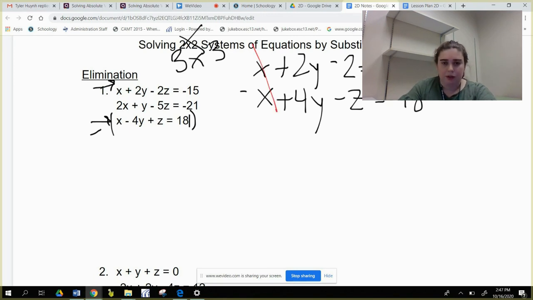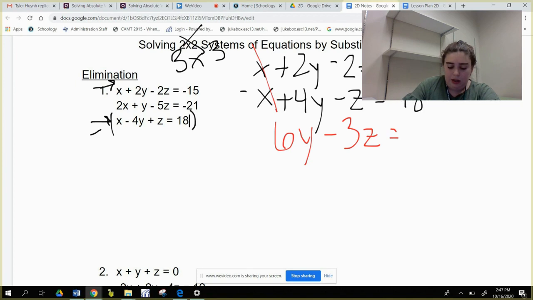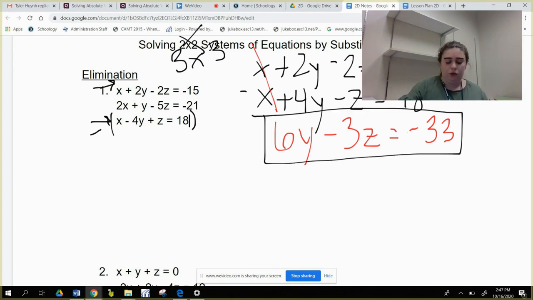Then we're going to combine everything else in those two equations. So 2y plus 4y is 6y. -2z minus z is -3z. And then -15 minus 18 is going to be -33, I believe. Yes. All right. So that's the first equation that we're going to use in our 2x2 system. So I'm going to box that in so we remember to keep that there.